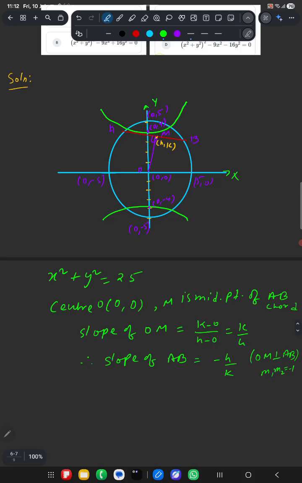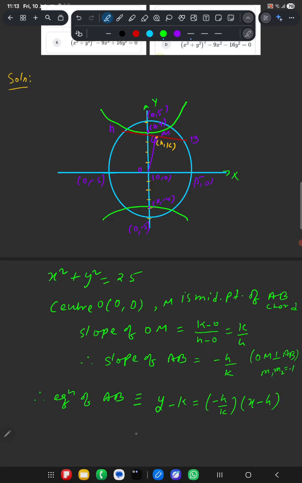Now we can find the equation of AB, which is tangent to the hyperbola. Therefore the equation of AB will be y minus k equal to the slope, that is minus h by k, into (x minus h).